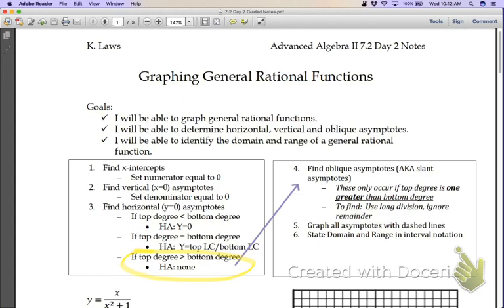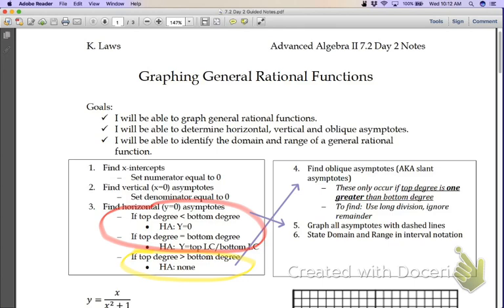If it fits either of the other two, you're going to go straight from 3 to 5. You're just going to skip step 4, because if you have a horizontal asymptote, you can't have a slant asymptote. It's going to be similar to what we did yesterday. Then you just go to 5 and 6.